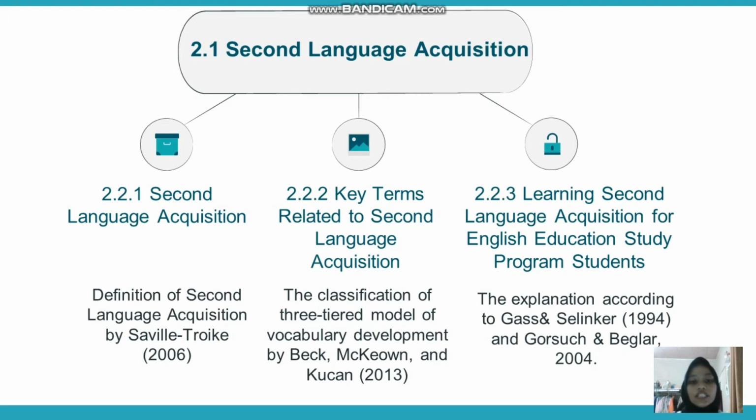Here, I use several expert opinions related to second language acquisition, such as Hawkins in 2017, Carson in 1981, Saville-Troike in 2006, and Stevenson in 2013.